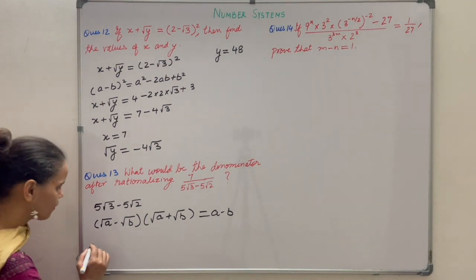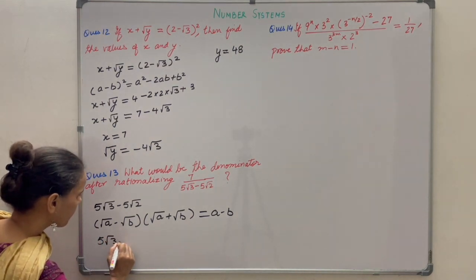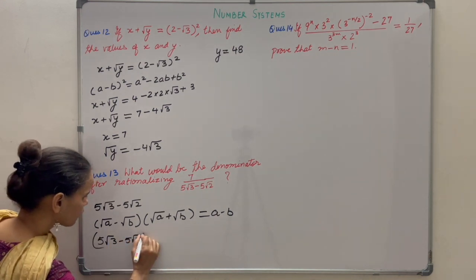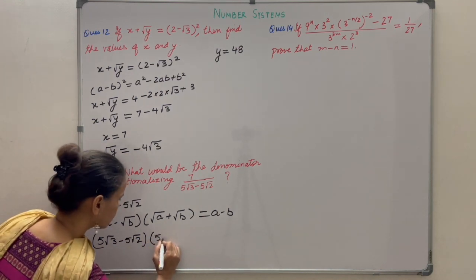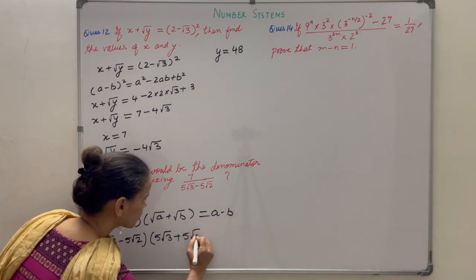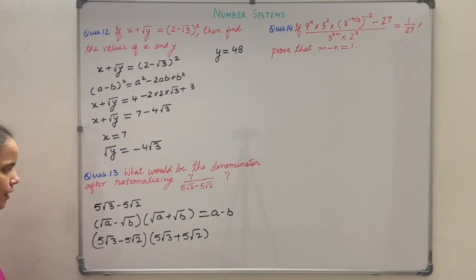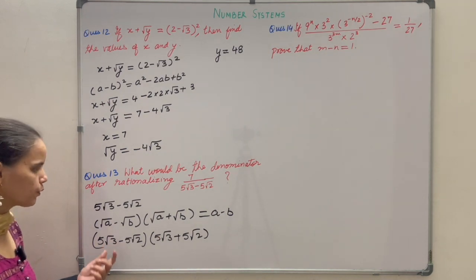So let us solve. So you have 5 root 3 minus 5 root 2. We will multiply this with its conjugate. So we will write it 5 root 3 plus 5 root 2. So you will get a rational number. We have to take the square of this number 5 root 3.